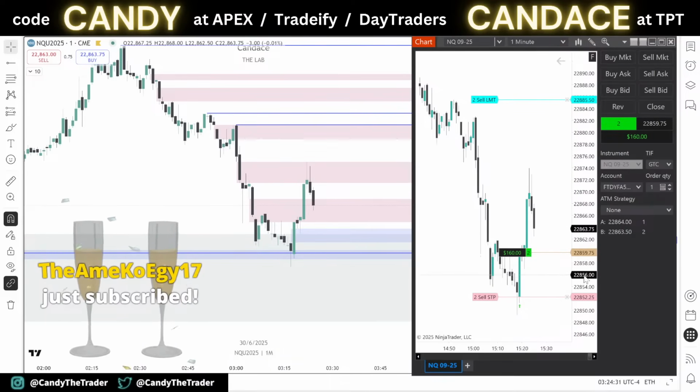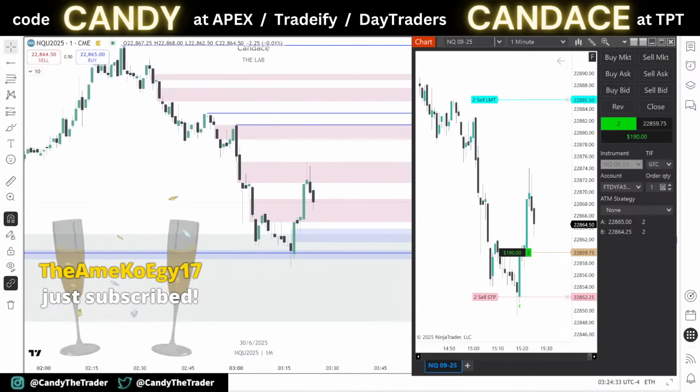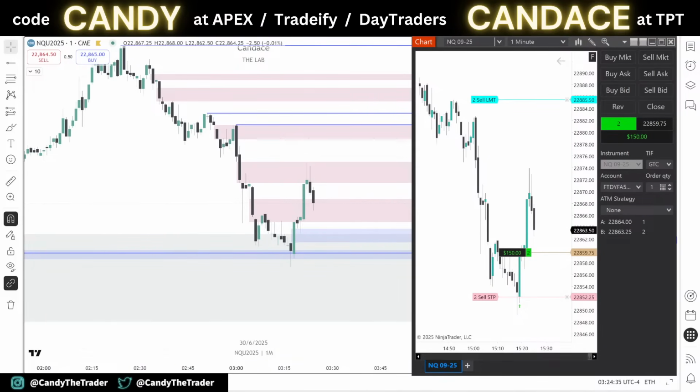You're probably gonna hit my stop loss right now. Who knows? Because you don't have to capture the whole move. You only have to capture 50% of the move, and you can still make a lot of money.